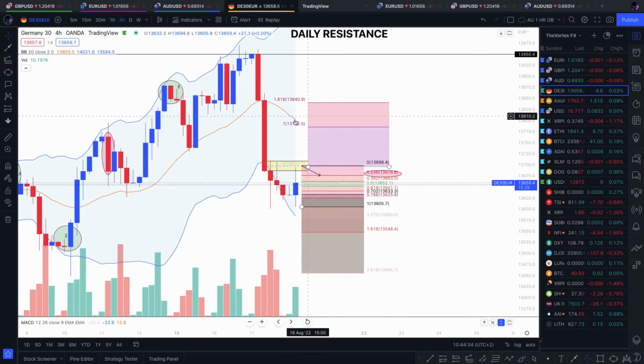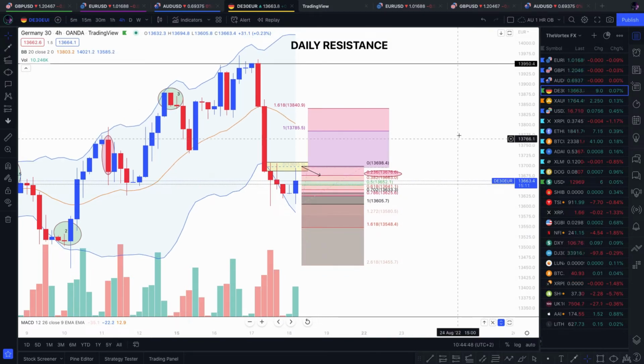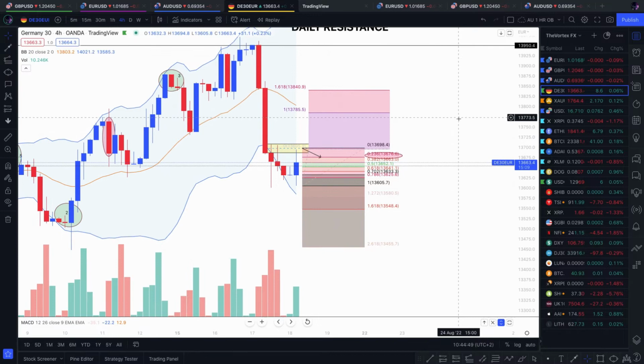Or we could see the middle Bollinger Band creep upwards against the 1.6618 fib level, right? Which coincides nicely with this top level, all right? So we are always looking for confluence. Where is price more likely to reach?